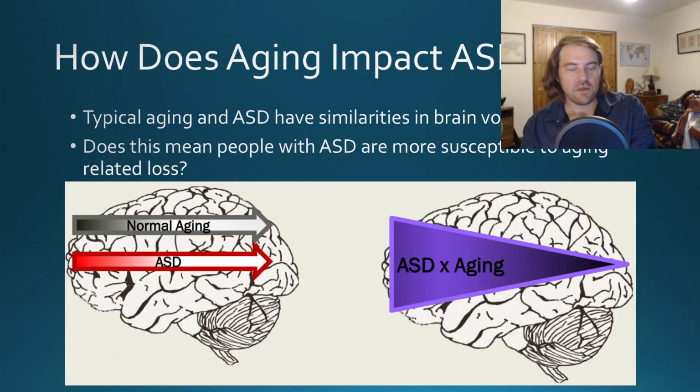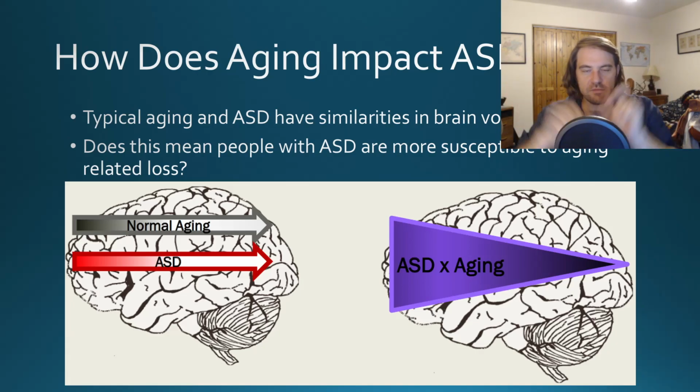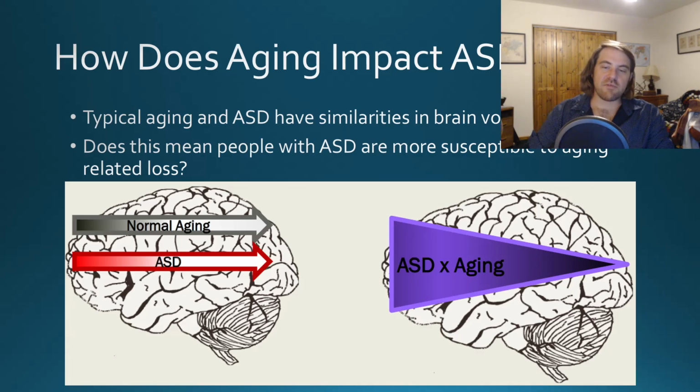Okay. So how does aging impact ASD? We know something about aging. We know something about ASD. And that is that the frontal lobe is impacted in both cases. Typical aging and ASD have similarities in brain volume loss and placement of brain volume loss. Does this mean that people with ASD are more susceptible to age-related loss?